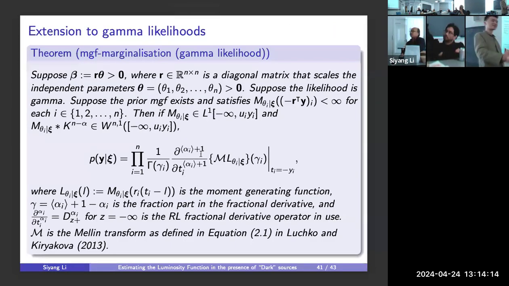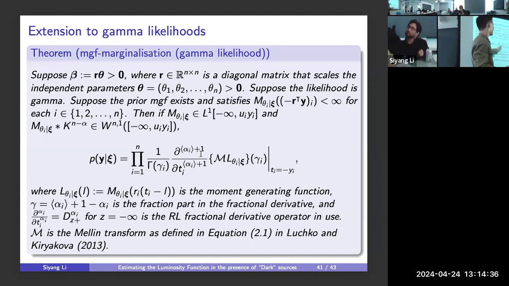And we can generalize this result for gamma likelihoods. Actually, I should have written out how elegantly they correspond to each other. But in essence, it still follows the same steps, and maybe I can just write the steps on the board later.